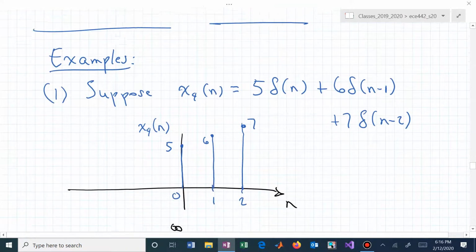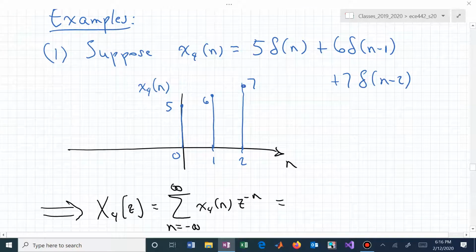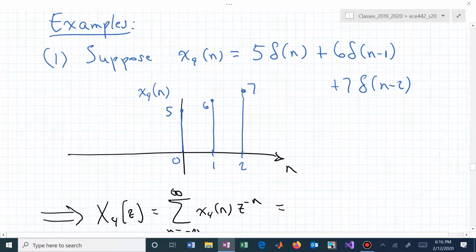Let's look at some examples. Suppose that x sub 4 of n is 5 delta of n. This is now our Kronecker delta. It has a value of 1 when its argument is equal to 0. Hopefully you can see that x sub 4 of n is in fact that sequence of numbers in the time domain plot.